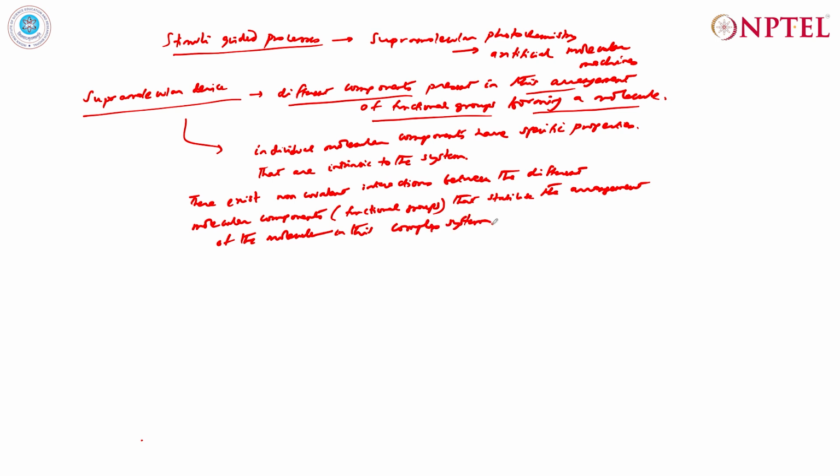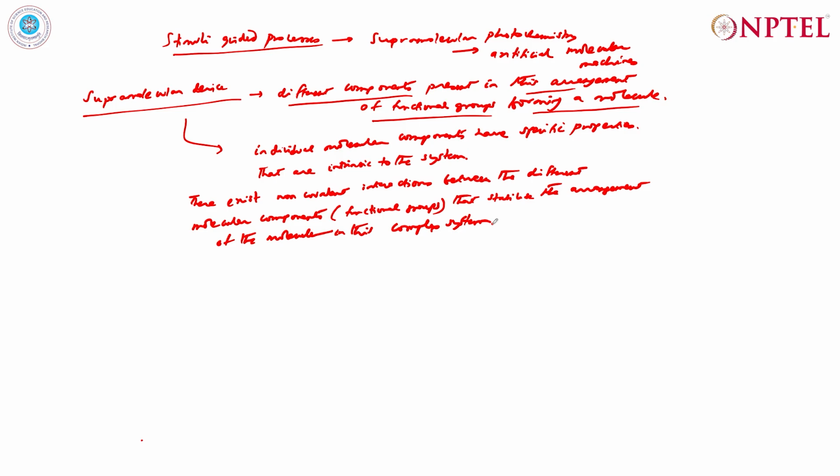So the system is fairly complex. It's a large molecule. It contains different functional groups, and each component has got a specific function. And overall, there exist intramolecular hydrogen bonds or pi stacking interactions, different kinds of non-covalent interactions which stabilize these components in that particular complex system.